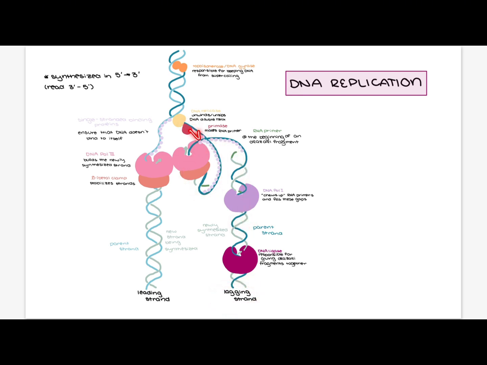So first, we're going to use primase to make that RNA primer. We saw, like in leading strand synthesis, these little purple dots. These are all SSBs, single-strand binding proteins, that will keep the DNA from binding to itself after going through helicase. Now we're also going to go through DNA pol 3, which is going to synthesize our new strand of DNA after this dark green primer made by primase.